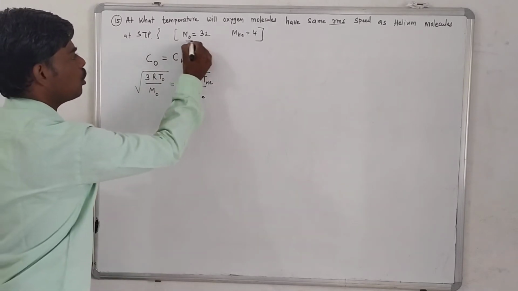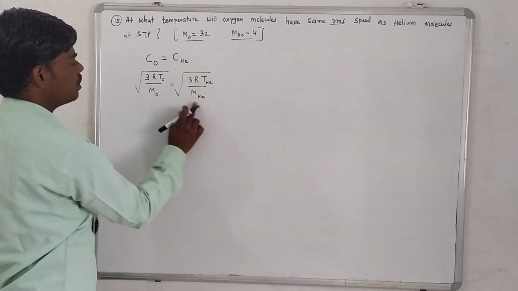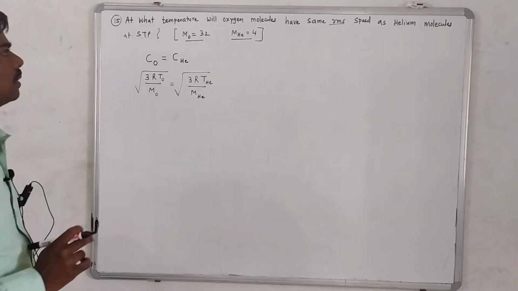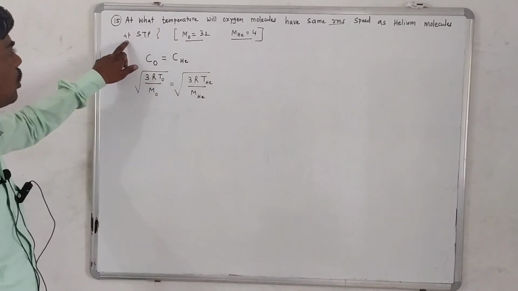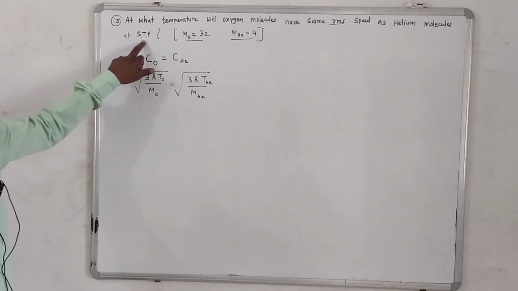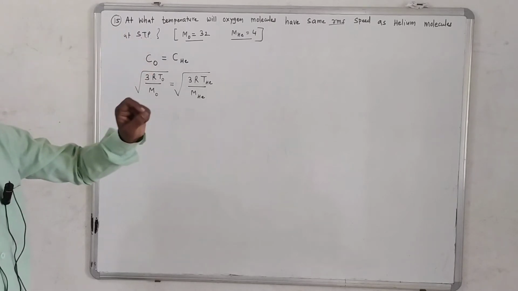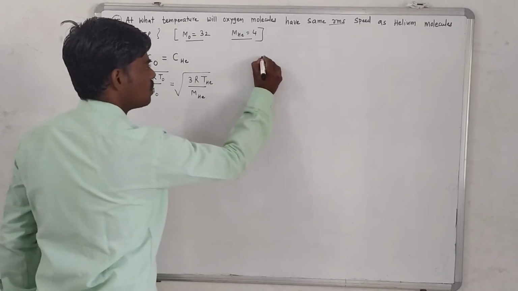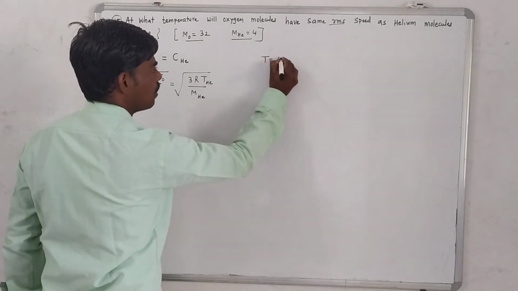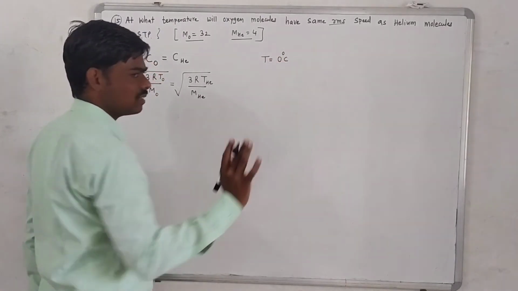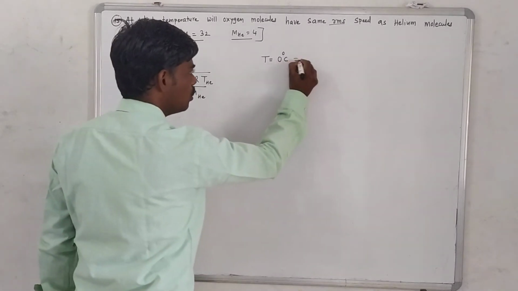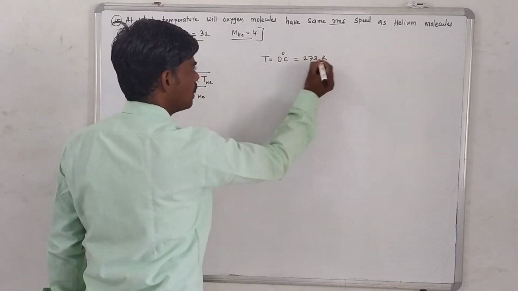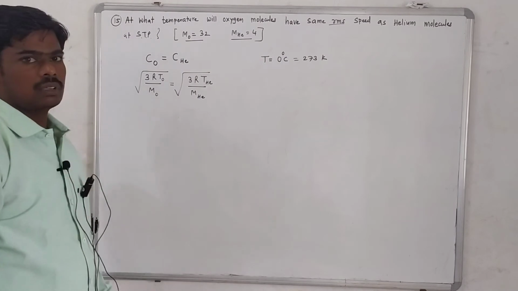These two molecular weights are given to you, and the helium molecule is at STP. STP means standard temperature and pressure condition. So what is standard temperature? Remember, 0 degrees Celsius, which means 273 Kelvin, is the standard temperature.